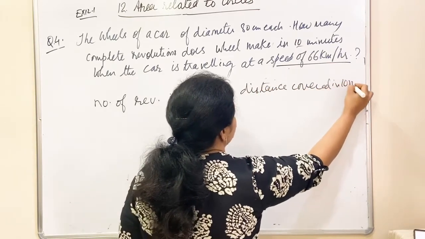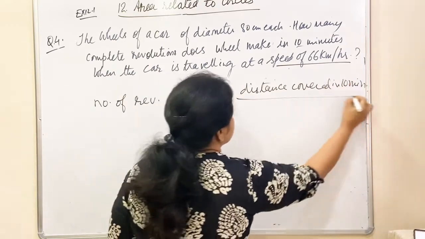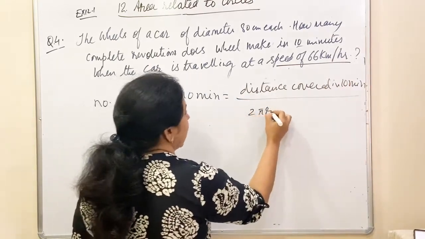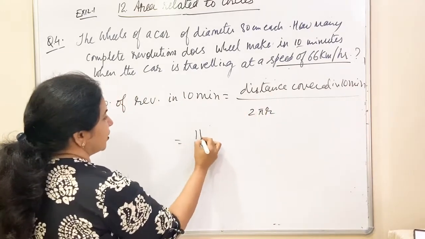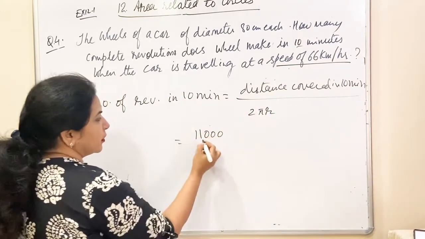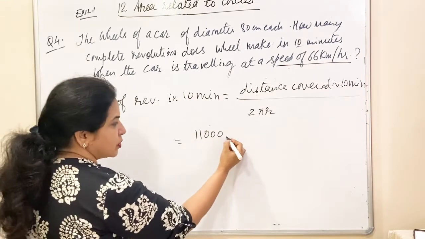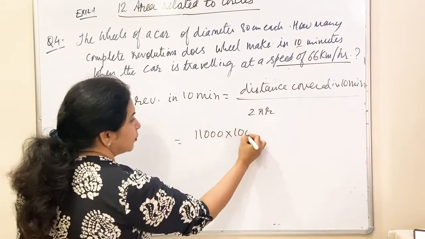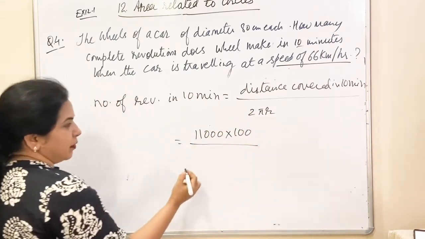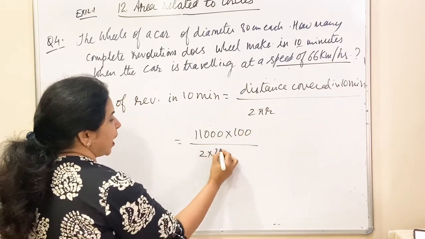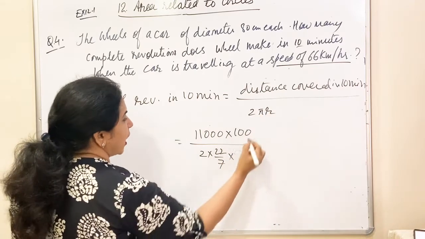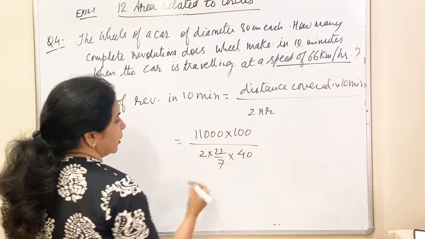So now number of revolution in 10 minutes is equal to total distance covered in 10 minutes divided by circumference of circle 2 pi r. So that is equal to distance covered in 10 minutes, we have calculated 11 kilometer, that is 11,000 meter, converted into centimeter, so into 100. And circumference of circle is 2 pi r. We have already calculated. Radius is 40. Okay.